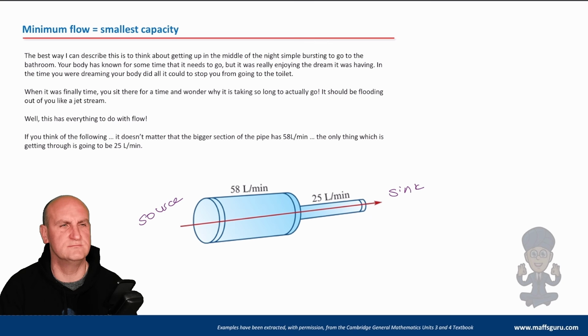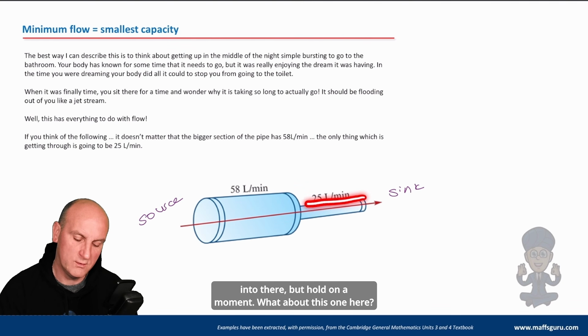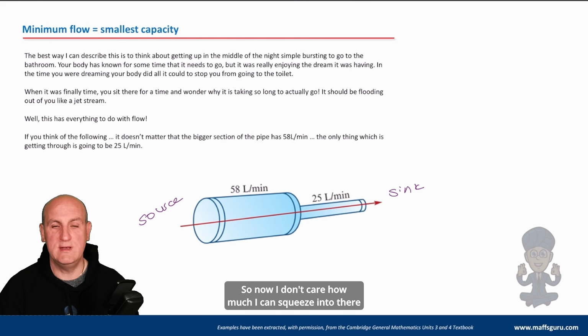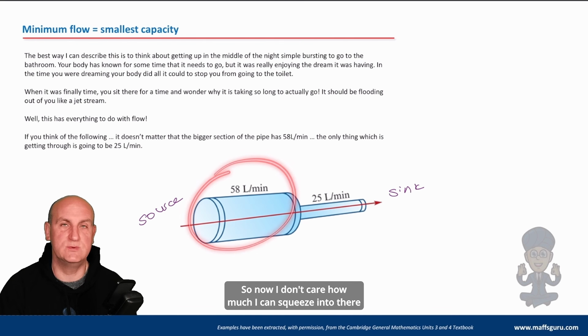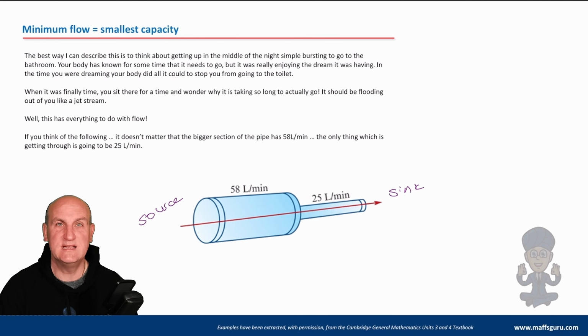So that means that for every minute I can squeeze 58 litres into there. But hold on a moment, what about this one here? Well, that one there I can only squeeze 25 litres a minute in. So now I don't care how much I can squeeze into there, because this bit here is actually going to limit, right? It's my blockage.